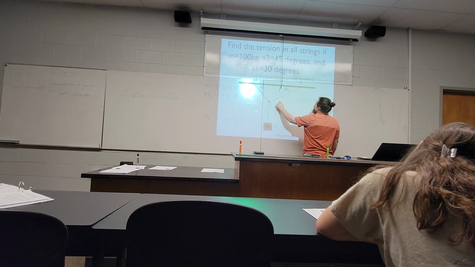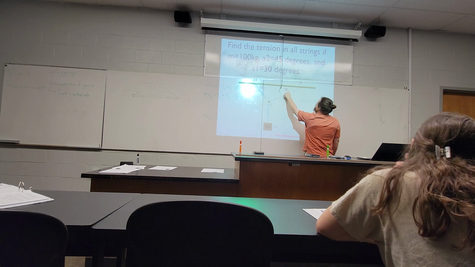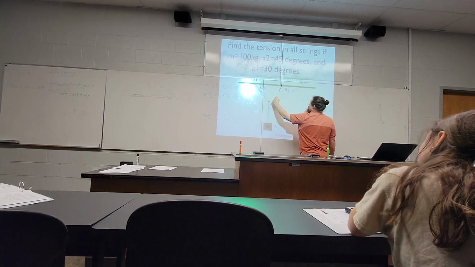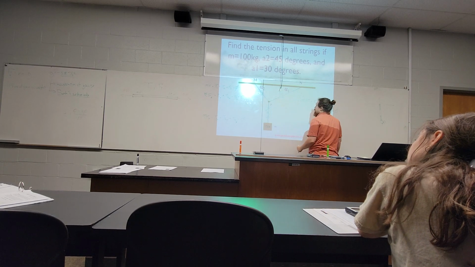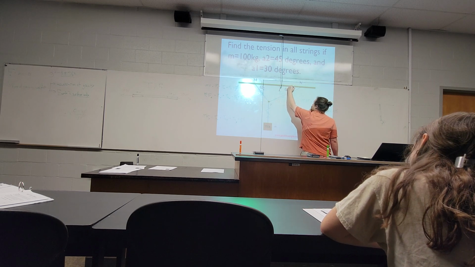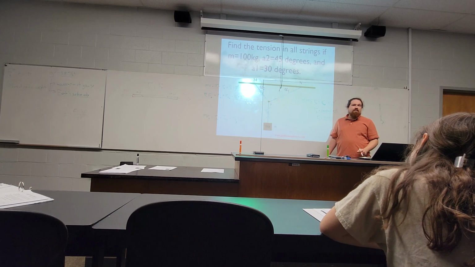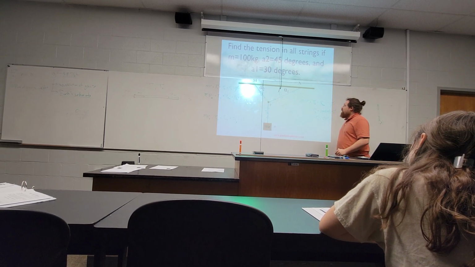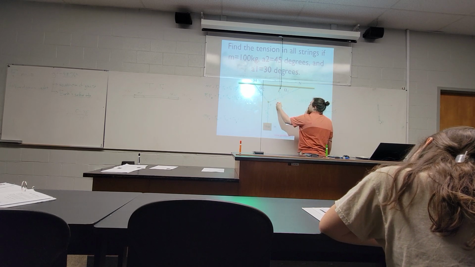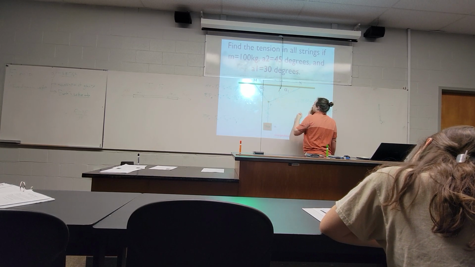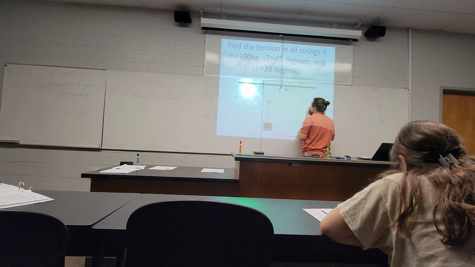Looking at T1 here, we've been told that angle 1 is 30 degrees. And that means that this one will also be 30 degrees. Does that picture make sense? Okay. From this angle's perspective, which leg, Tx or Ty, is going to be opposite?